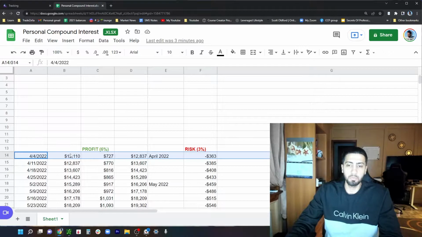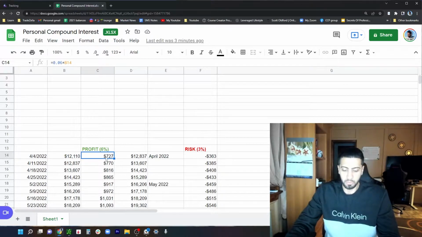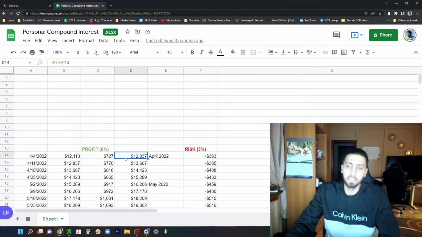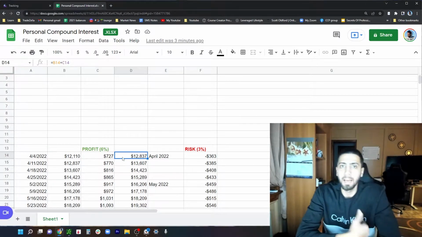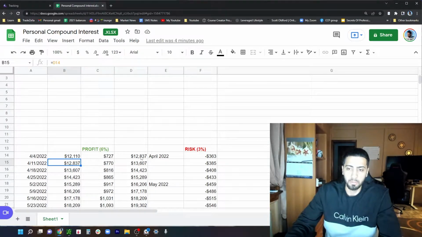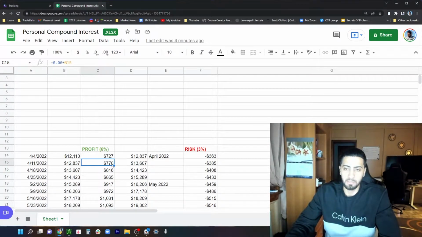This first number right here is the account balance at the beginning of the week. And then this is the profit that you would need to get to attain the 6%. And then this is where the account would be after you gain the 6%. And then on the next line, that's the beginning of the following week. The end of the first week is the beginning of the next week, and so on. Make 700, account's at 13.6. You start the next week with 13.6, so on and so forth.